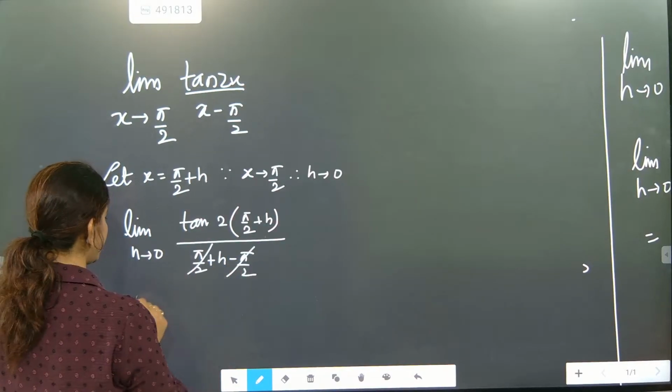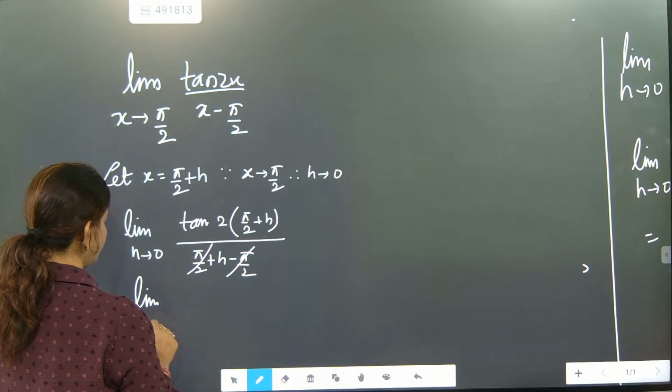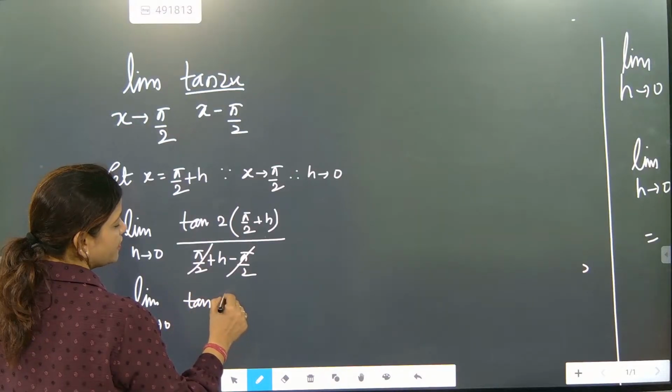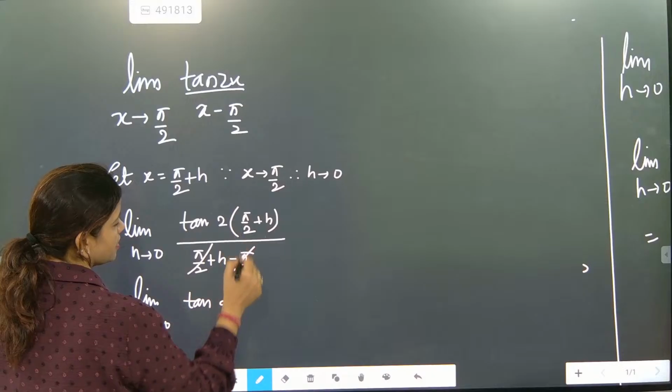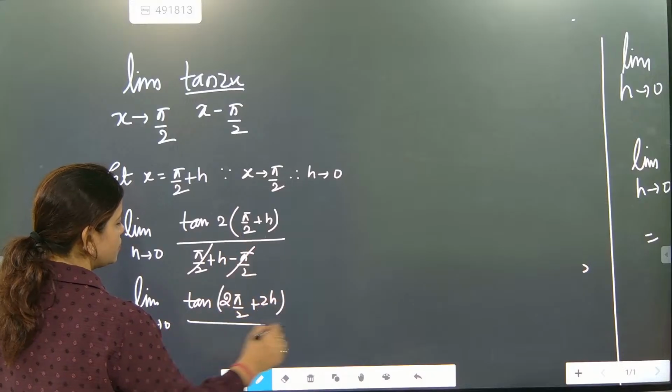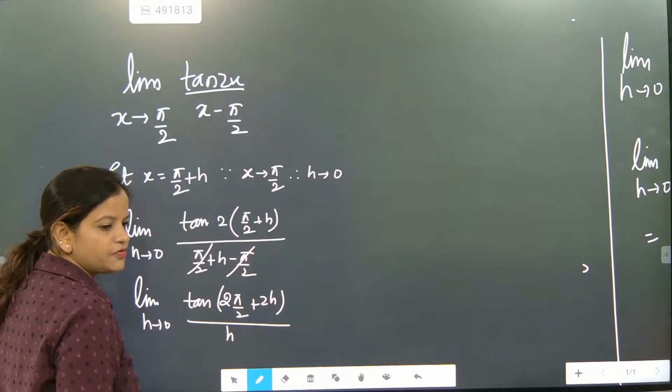This and this will get cancelled. Limit h tends to 0, tan of, it will become 2 pi by 2 plus 2h. Okay, 2 got distributed. What is the answer for this, Sujata?